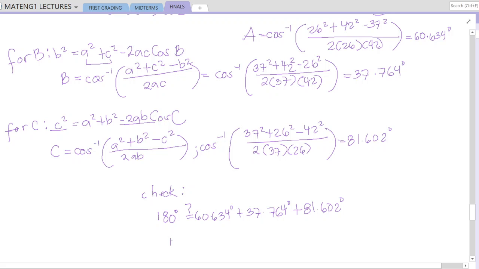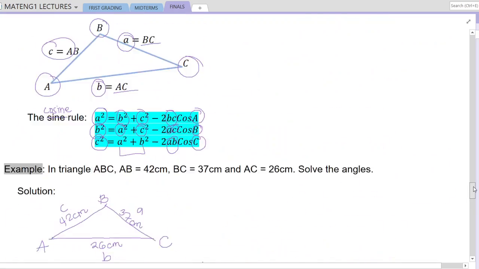Checking that, that is 180 degrees. Also, if you calculate, that is also 180 degrees. So that is correct, our answer is correct. That ends our discussion on solutions of triangles.